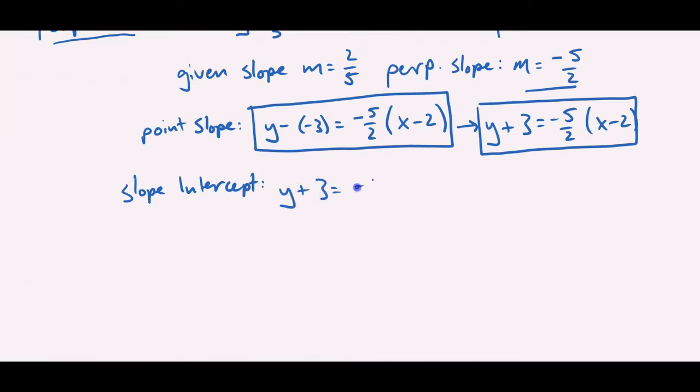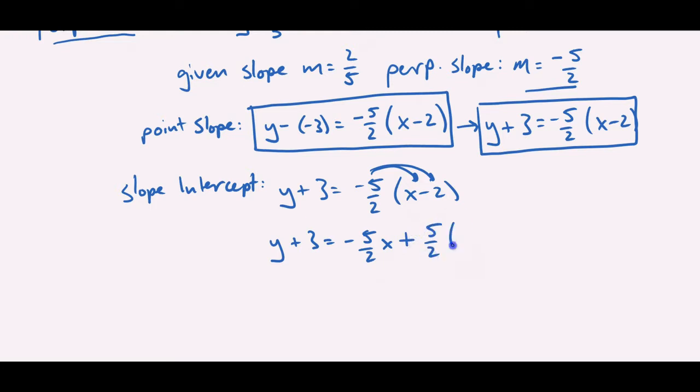So we'll take that negative 5/2 that's on the outside and we'll do a distribution. We'll take negative 5/2 and multiply it inside that parentheses. So I get y plus 3 is equal to negative 5/2 times x will be negative 5/2 x, and negative 5/2 times 2, negative times a negative will be positive, and 5/2 times 2.